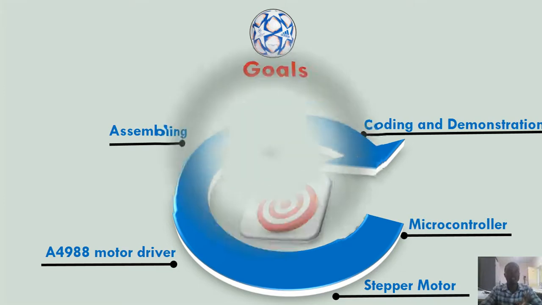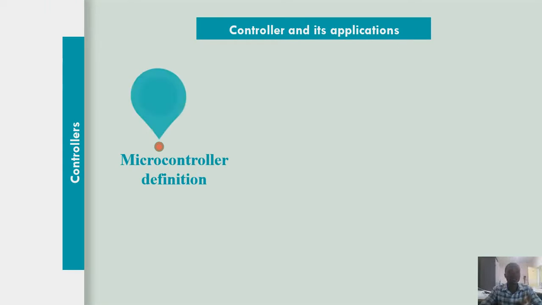All right, so let's get into microcontrollers and their applications. A microcontroller is a compact integrated circuit designed to govern a specific operation in embedded systems. There are many types of controllers, including PIC, ARM, 8051, AVR, MSP, and so forth.